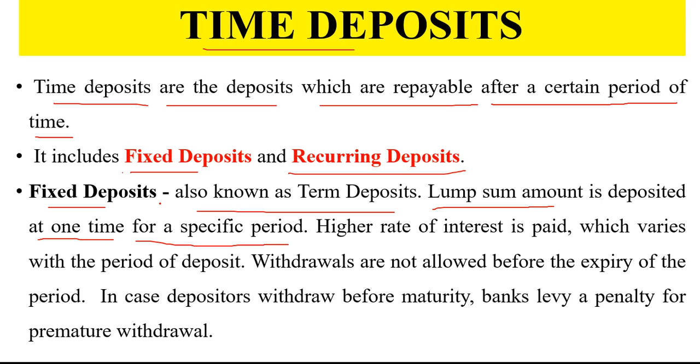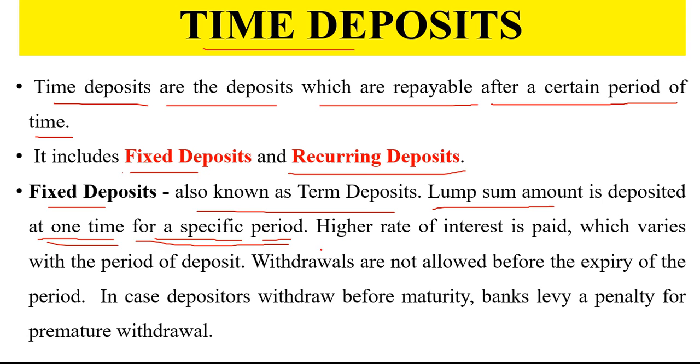So after 20 years only you can withdraw the money from the bank. After 20 years only you can remove 10 lakh rupees from the bank, okay. So it is a fixed amount which you are depositing in a bank for a specific time period.